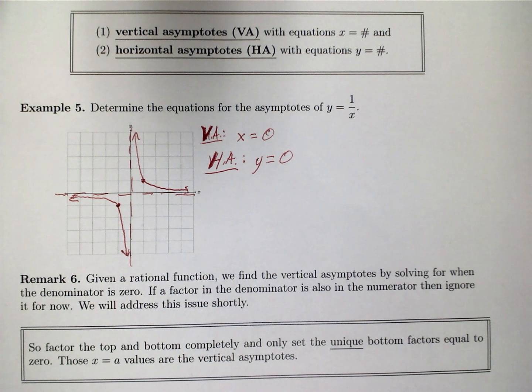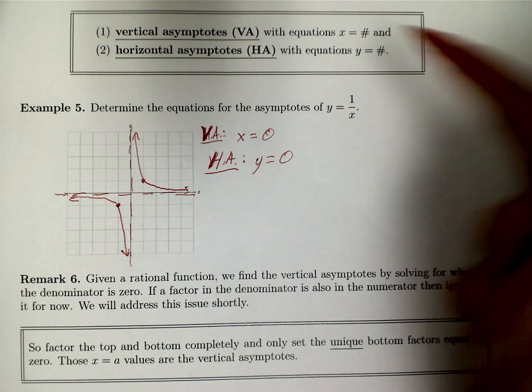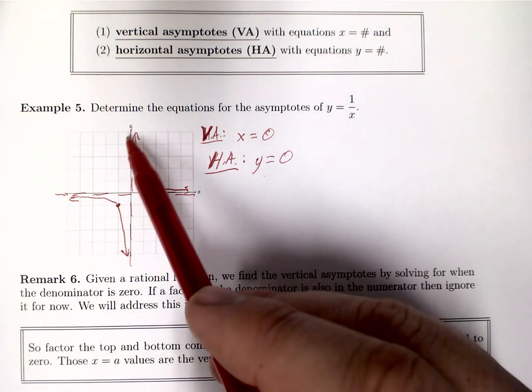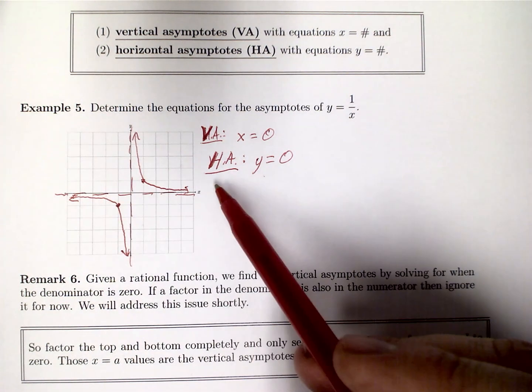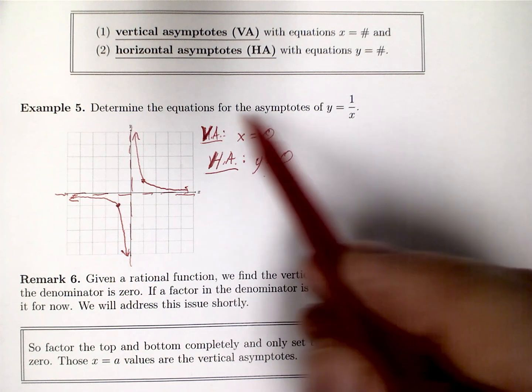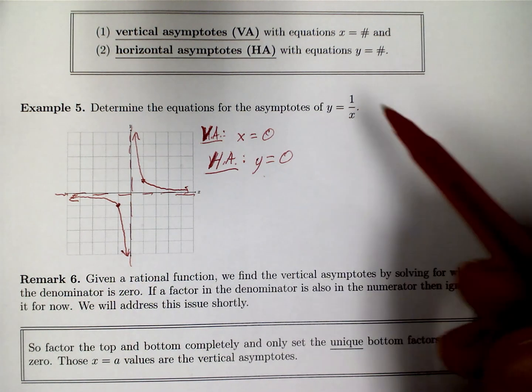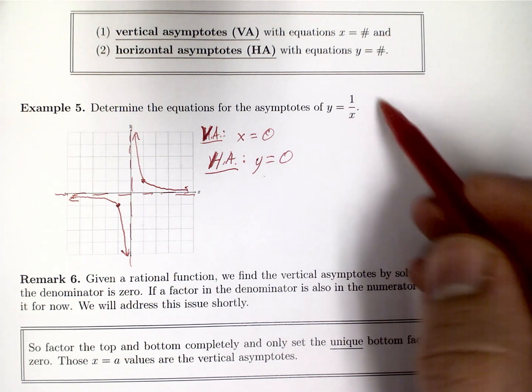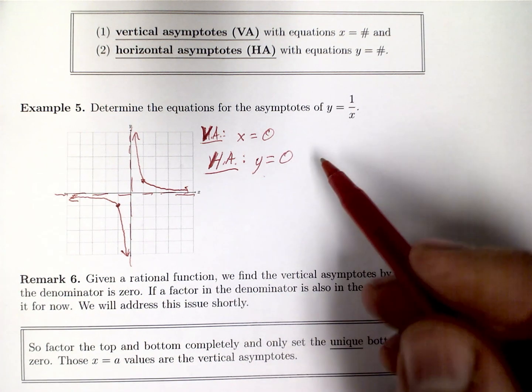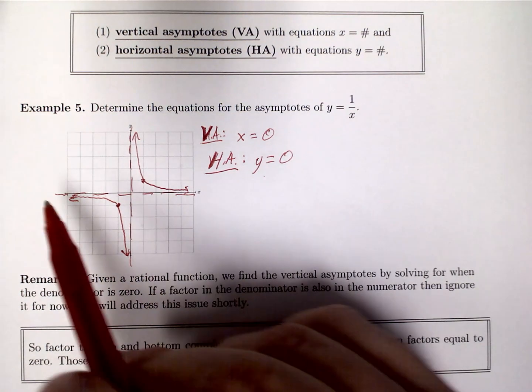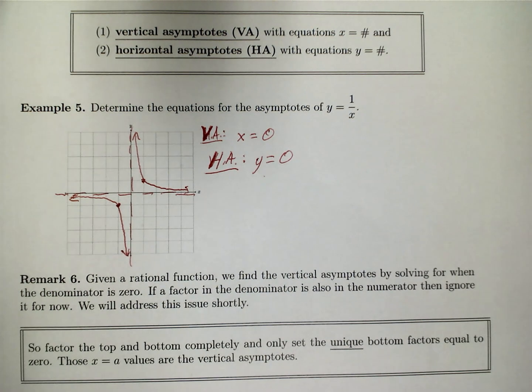All right, so these are our asymptotes. However, we knew where these asymptotes were, and we then derived the asymptotes from the graph. Usually, it will be the other way around. From the equation, we're going to find the asymptotes, and then we're going to put them on the graph to help us determine what the graph will look like.